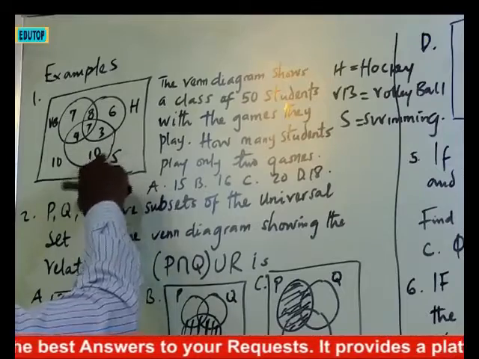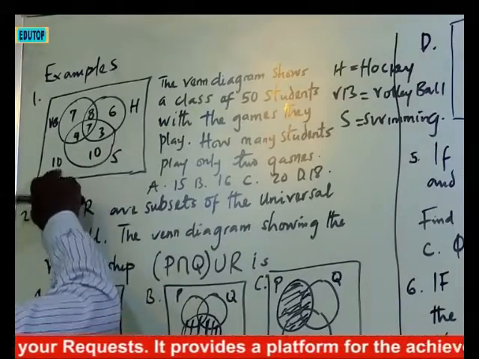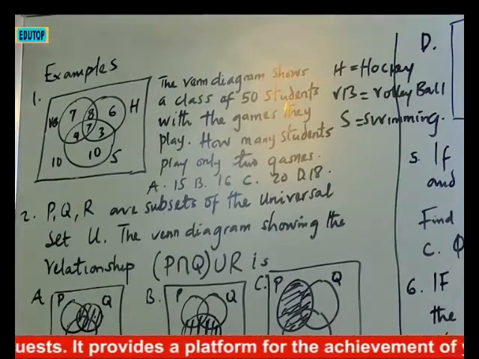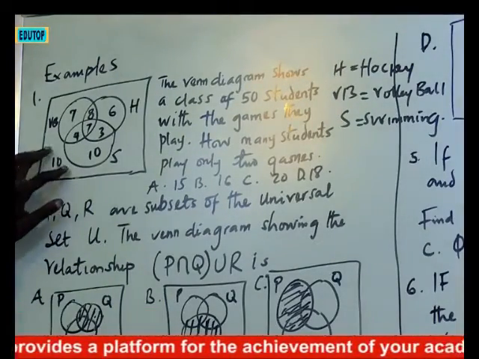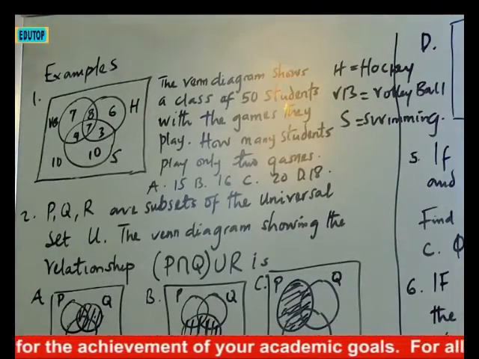Then 10 means only swimming, while 10 is outside the Venn diagram. That means 10 students did not partake in any of the exercise.